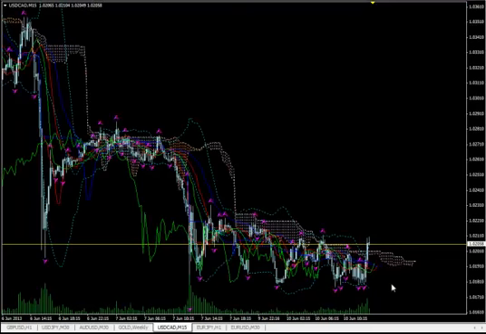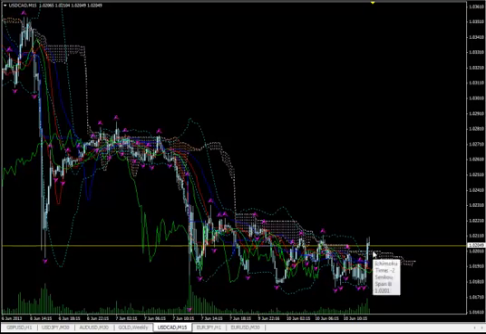We see on the M15 chart that the bullish move is still taking place, and we will see if this candlestick is going to bring the price down or not. We'll see.